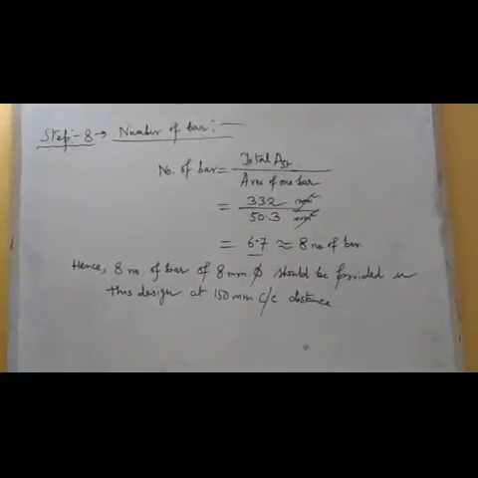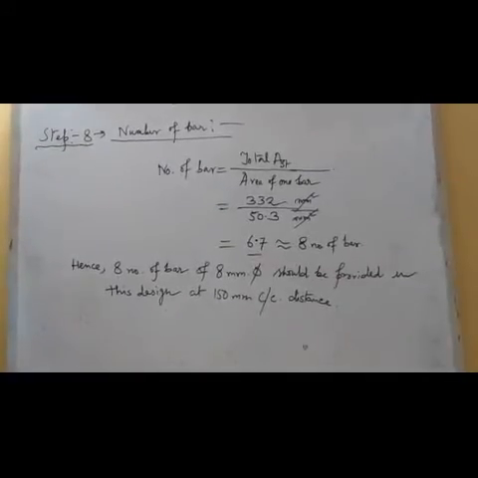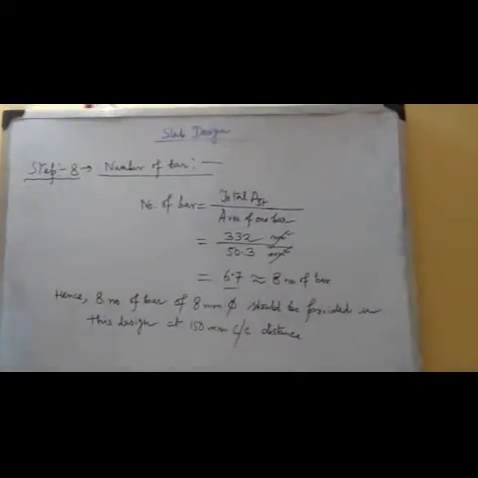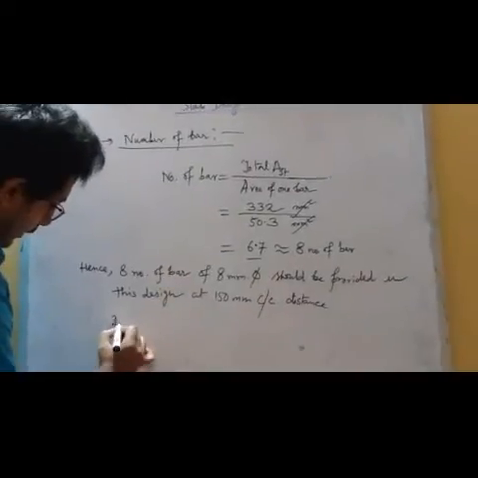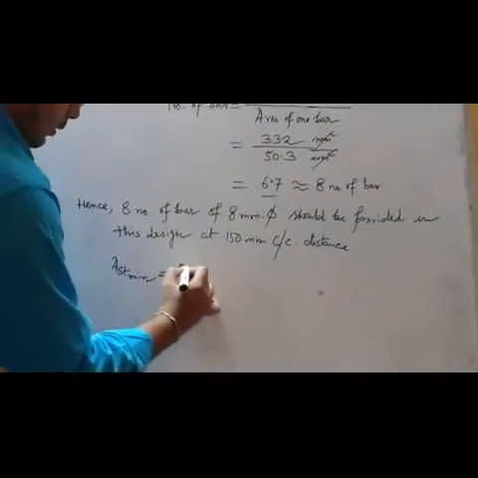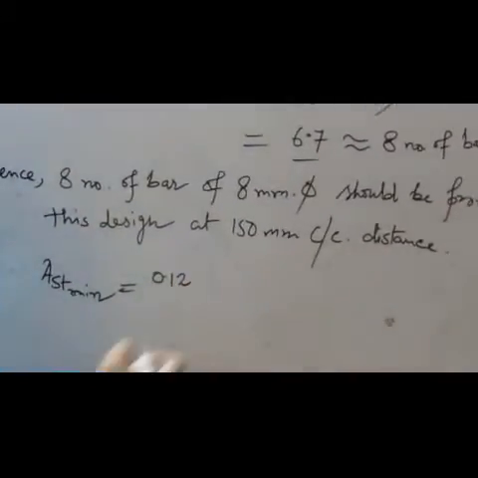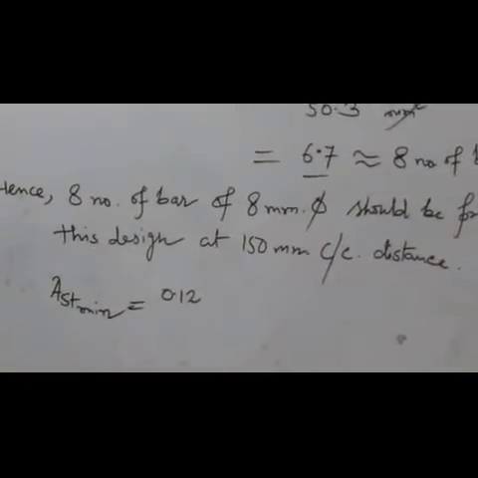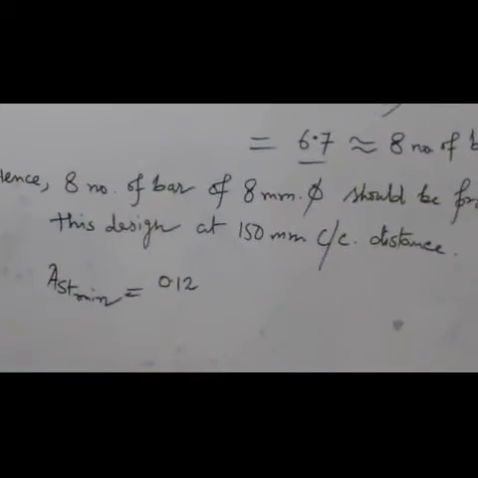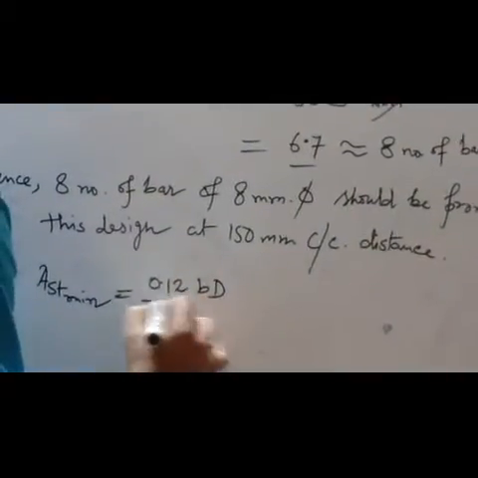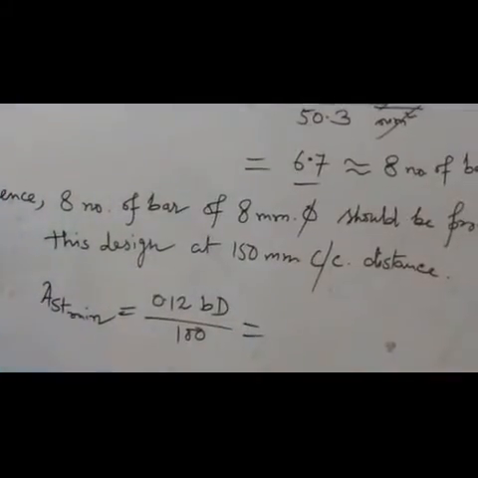Now we have to calculate the minimum area of steel required for this design purpose. So Ast min, that is the minimum area of steel, is 0.12% of gross area. Gross area means total area, that means small b into capital D by 100.